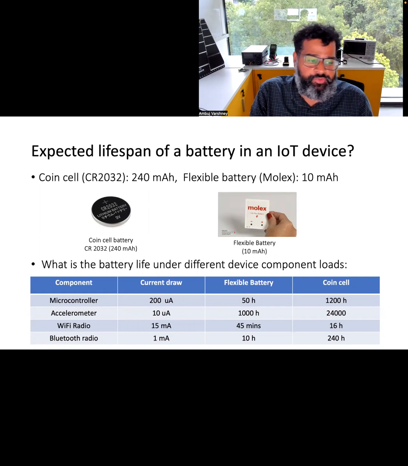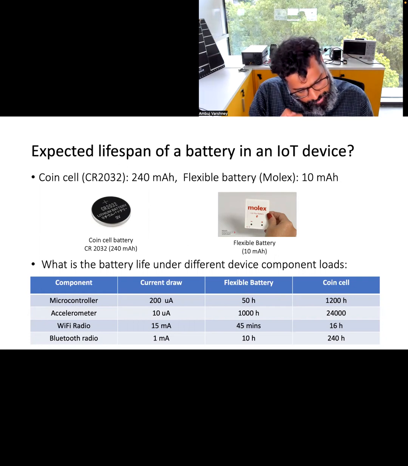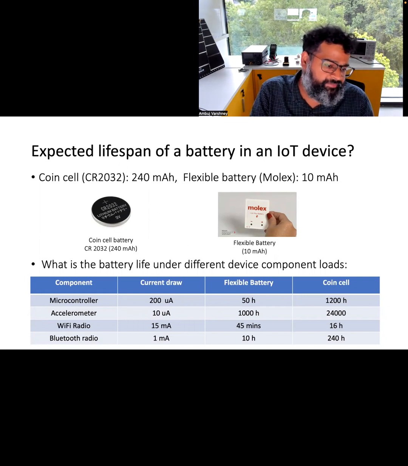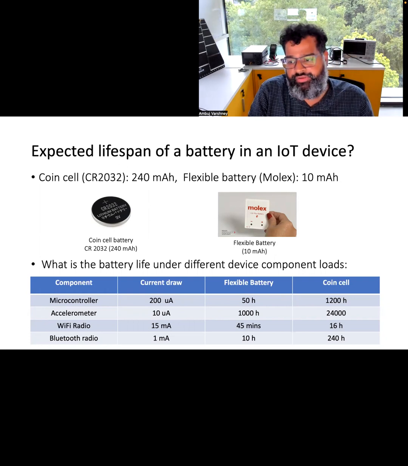On the other hand, a Wi-Fi or a Bluetooth radio only lasts a few hours, or even only tens of minutes in the case of a Wi-Fi radio operating on a flexible battery. This is because of the larger power consumed by wireless communication modules when compared to the other components of an IoT device.